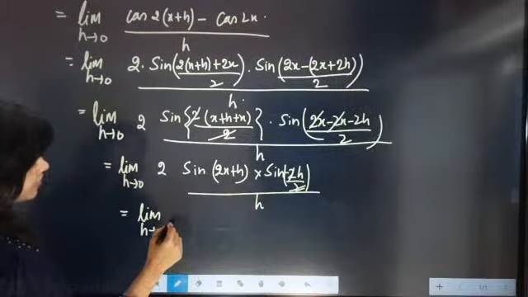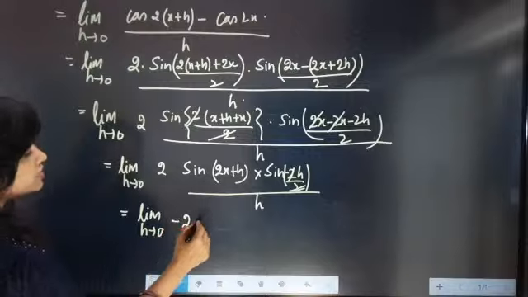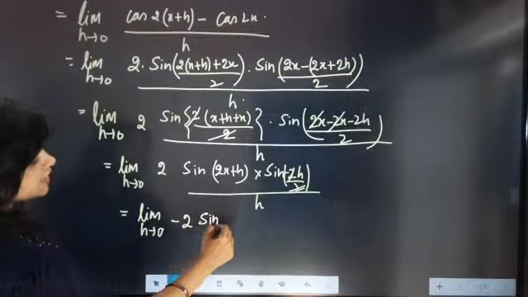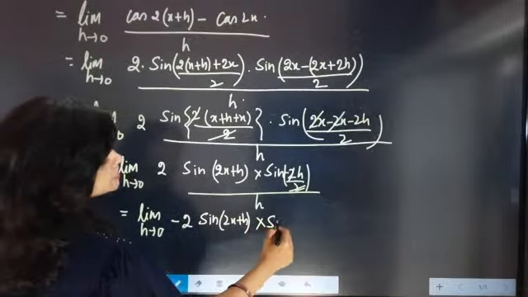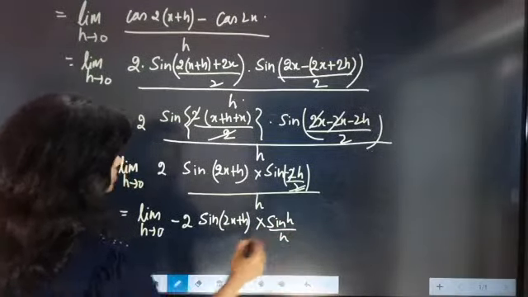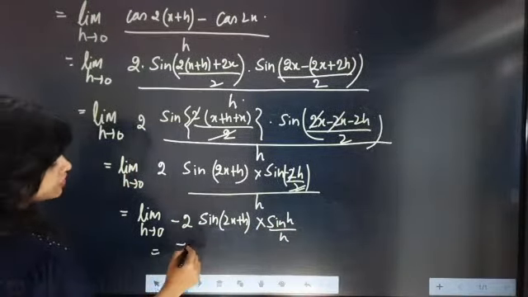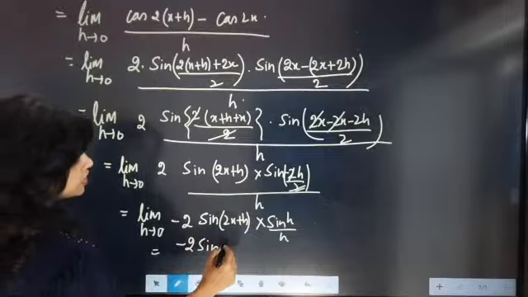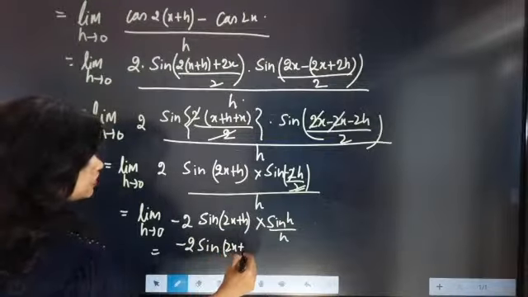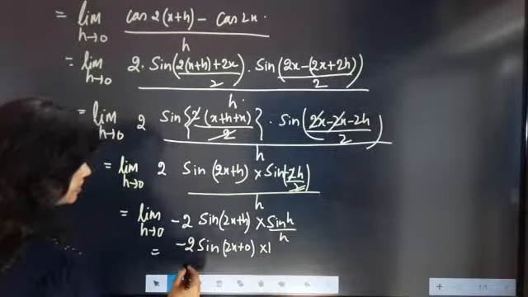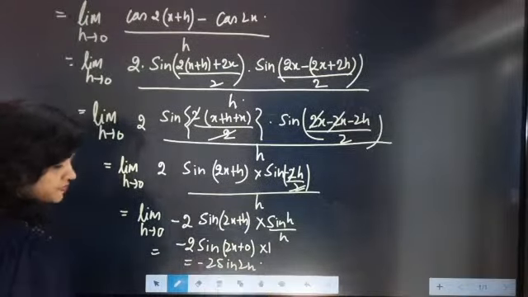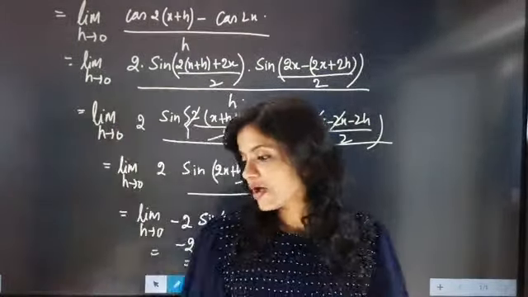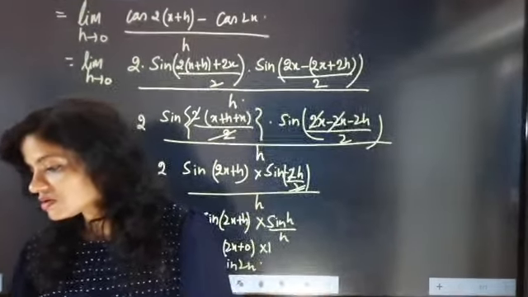So minus will come out. So it will become minus 2 sine of 2x plus h and here it will become sine of h by h. So once we put h equal to 0, it will become minus 2 sine of 2x plus 0, and this part will become 1. So it will become minus 2 sine 2x.